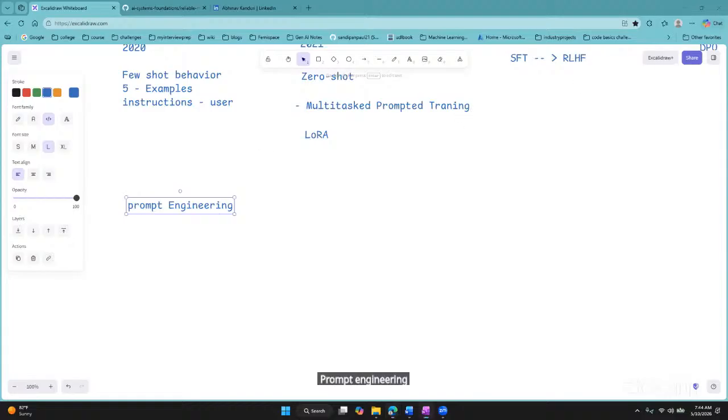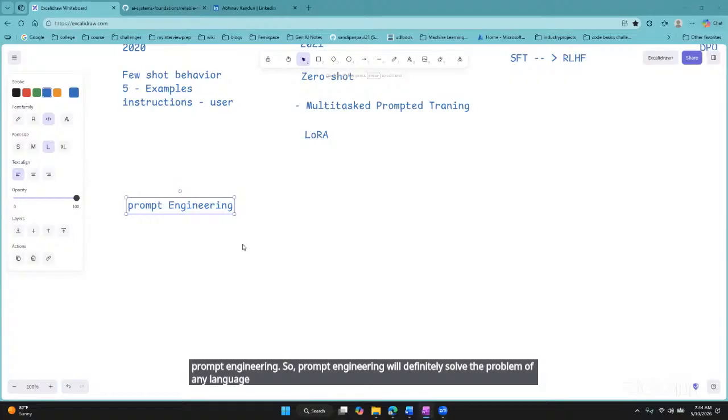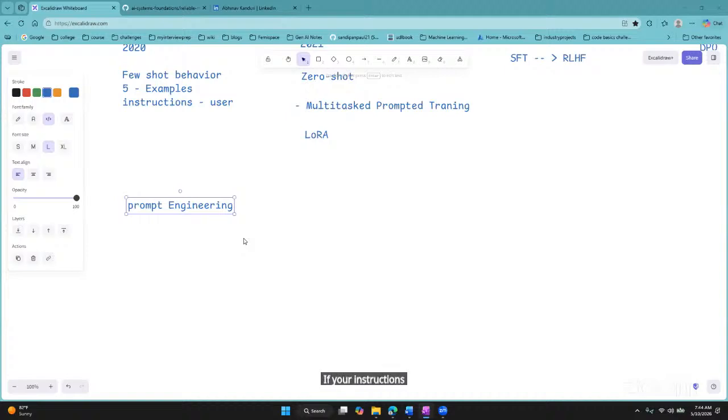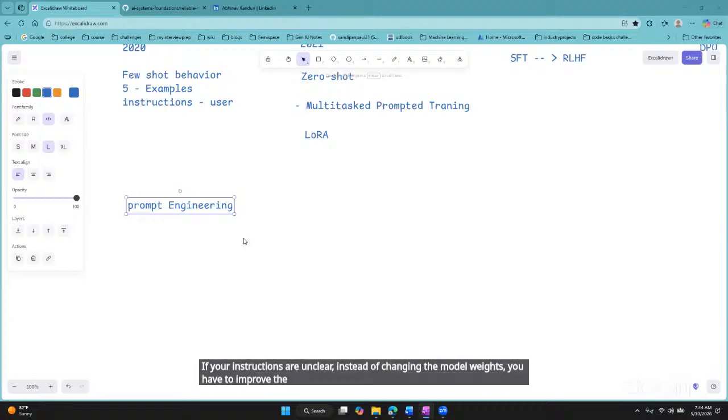Prompt engineering will definitely solve problems with any language model you've been using till today. It solves the problem when the model is capable but your instructions are unclear: instead of changing the model weights, you improve the input by prompt engineering.